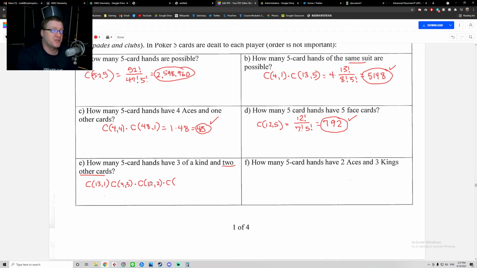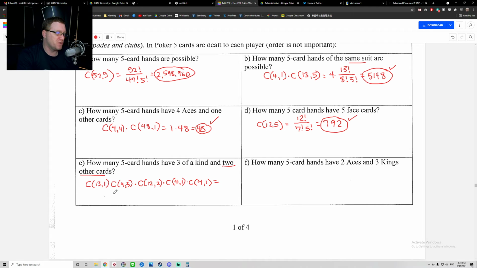So of the first kind of card that we pick, we have to choose one. And then of the second kind of card we pick, we need to choose one more. So there are 4 of each kind, right? So it's going to be like this. All right, so if we figure all of this out, this is going to give us this, all right? So how do we do that?